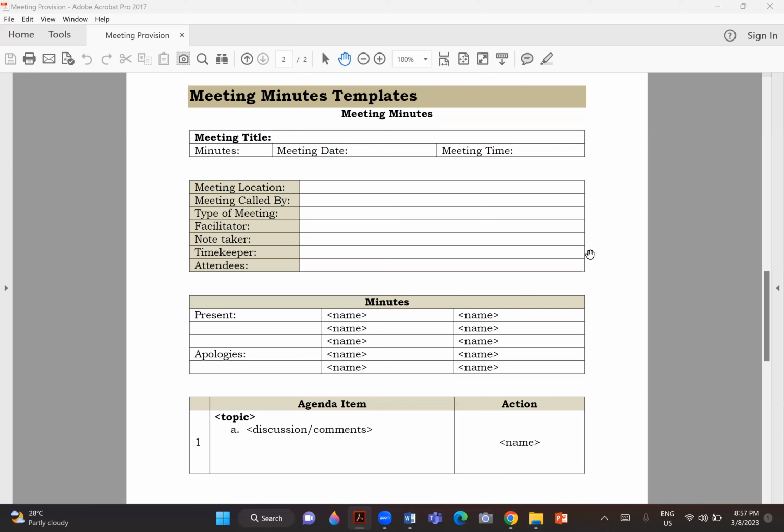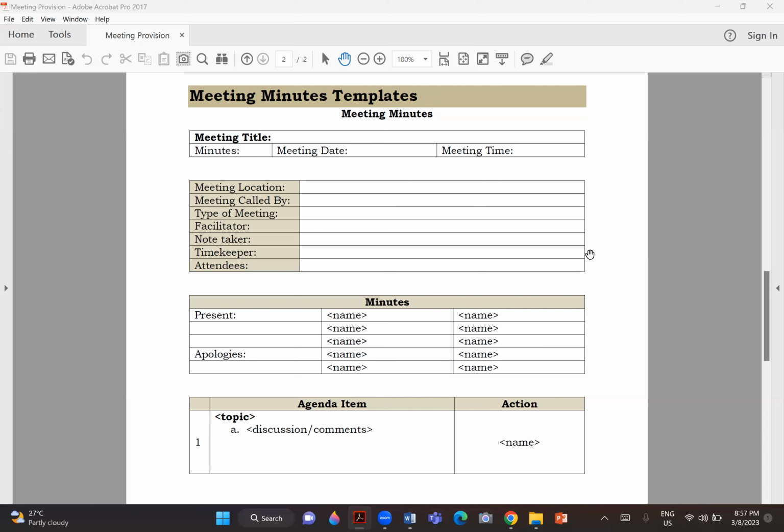We move to the informational section, which I believe is very essential, where we document the location, meeting called by, type of meeting, facilitator, note taker, timekeeper, and attendees. This section should definitely be in line with the meeting agenda.